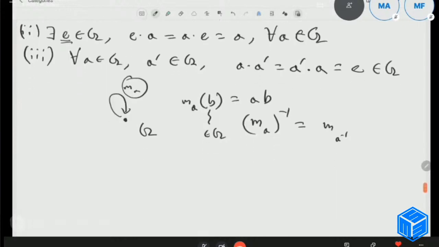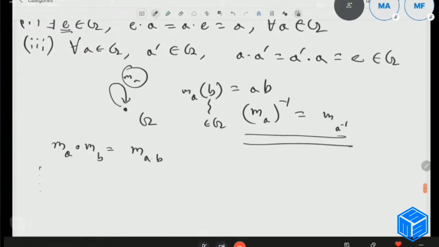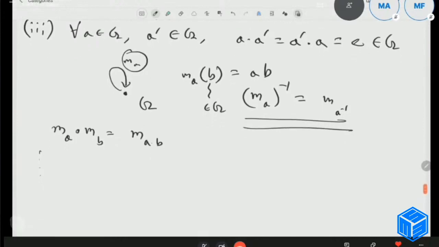All these maps M sub A are invertible, and composition is like A times B. So there's a bijection between G and maps from G into G that have these nice properties, that are invertible and whatnot. And this idea of multiplication in the group is actually captured by composition of these special maps. So that's a group in categorical language.